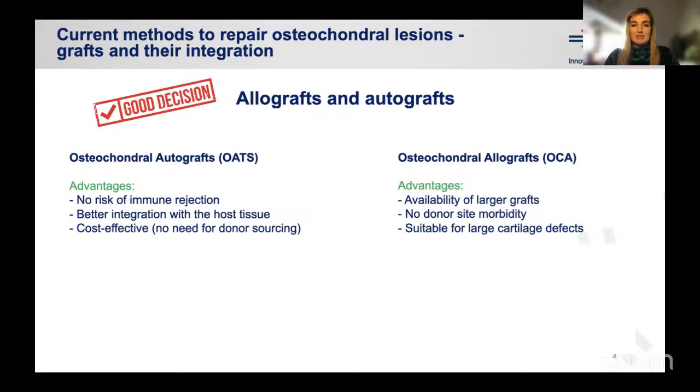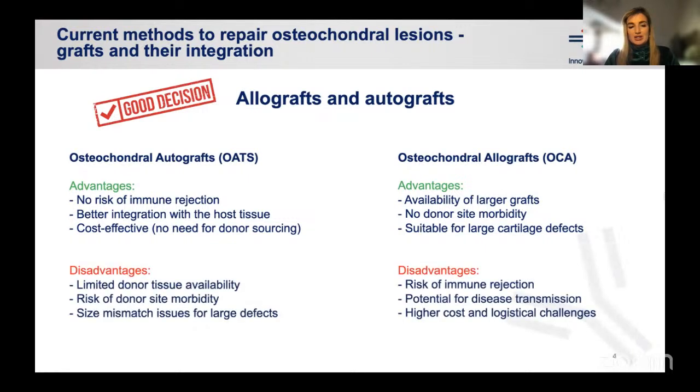However, these grafts also have some disadvantages. For example, autografts have limited donor tissue availability and risk of donor site morbidity, while allografts have risk of immune rejection, potential for disease transmission, and more.